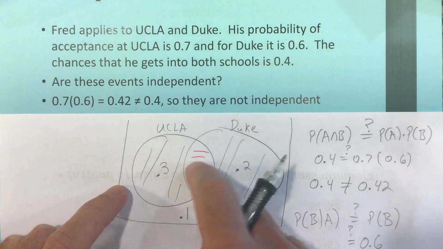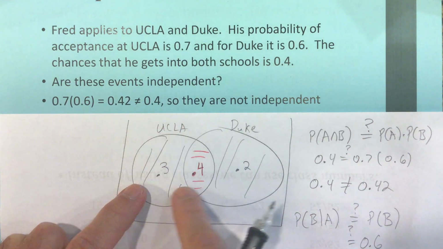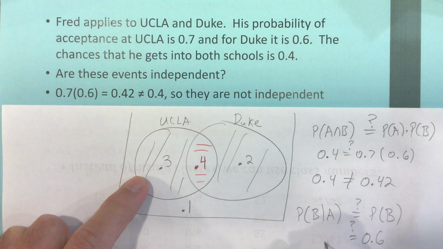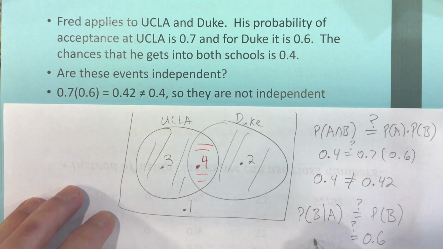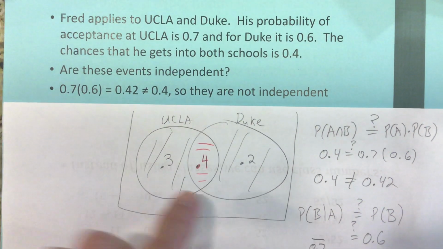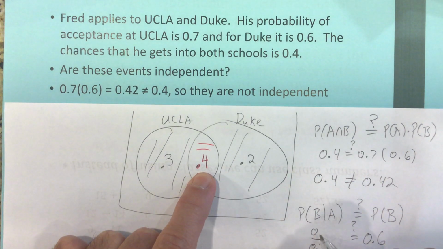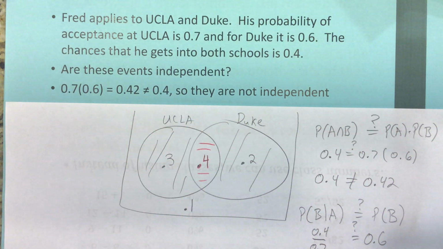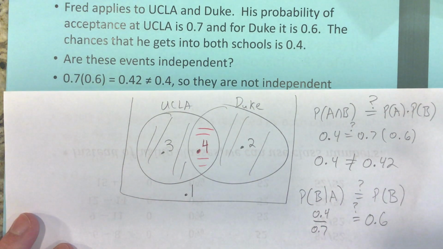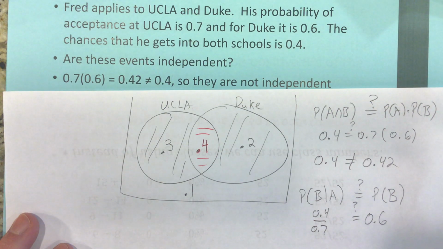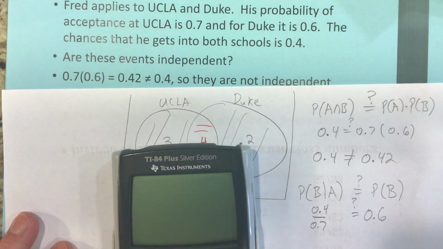The condition is that Fred has been accepted to UCLA, so the denominator of this is 0.7. I'm in here, that's the total area, and that's the area where B is occurring, given that I'm inside that circle. So the question is, is 4 sevenths equal to 0.6? It's not. 4 sevenths is close to 0.6, but it's not exactly 0.6. So again, this shows they're not independent.